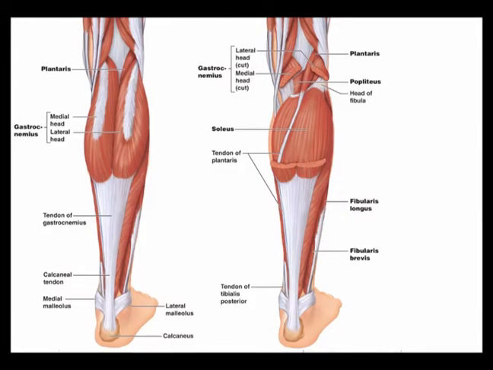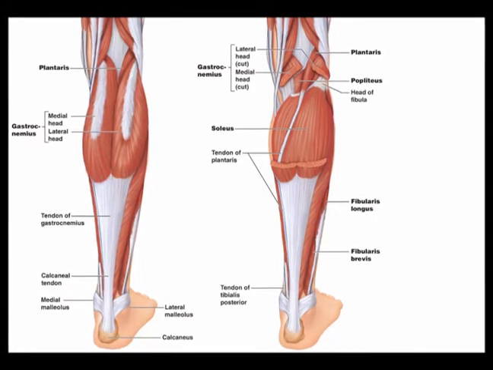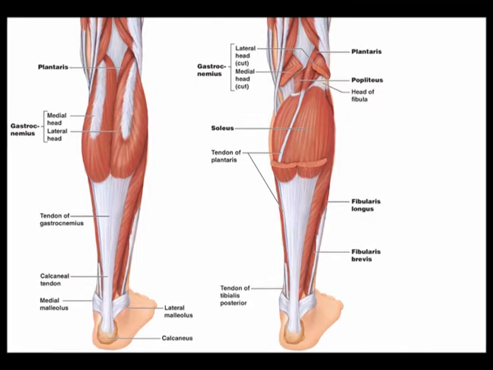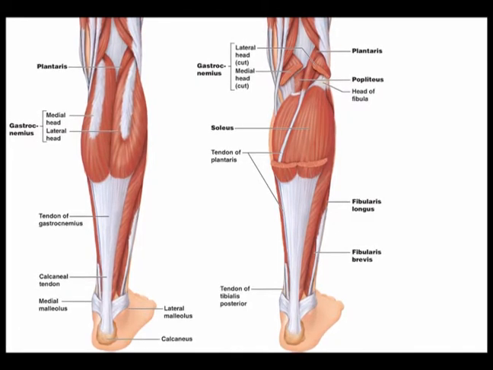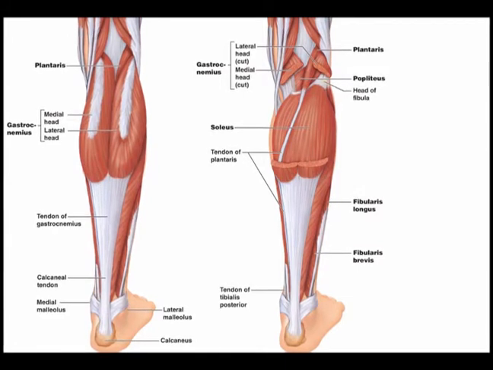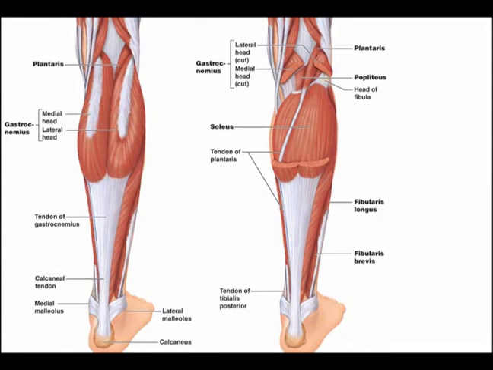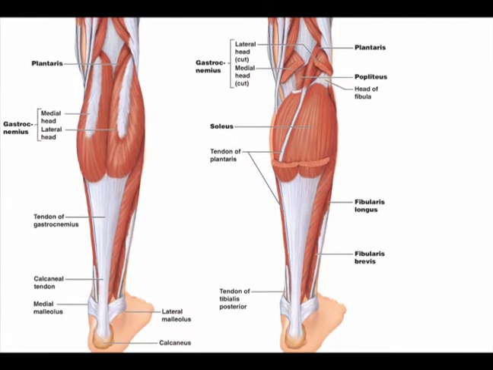When we are sitting down and we perform plantar flexion, the top part of the foot, called the dorsum of the foot, moves away from the shin. So plantar flexion is a normal ankle motion that is performed when the gastrocnemius and the soleus contract concentrically.